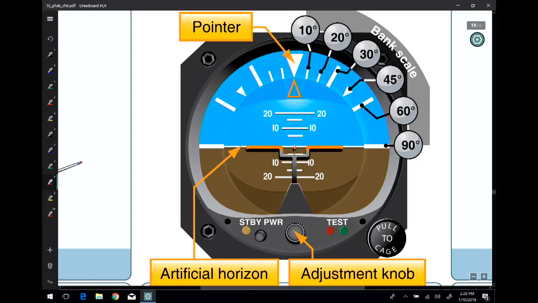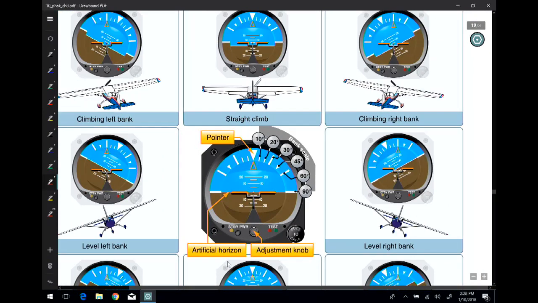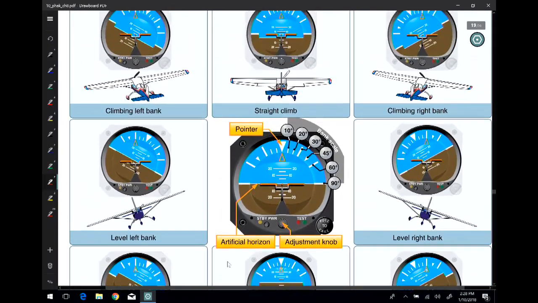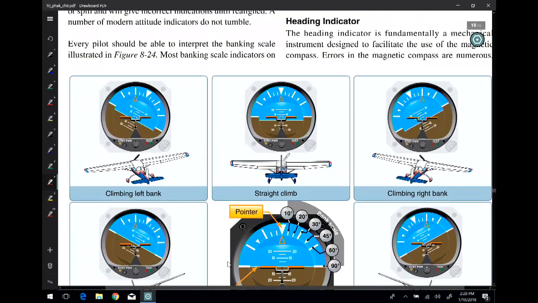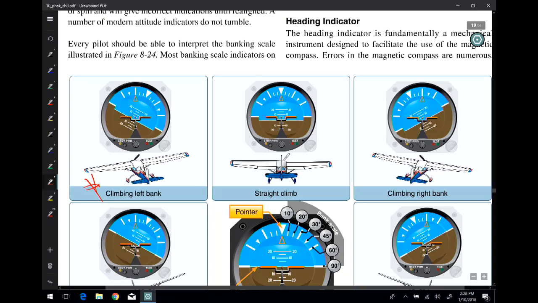Right? Now then, let's take a look here at the top line. We can see here in this illustration, we can see a climbing left bank.